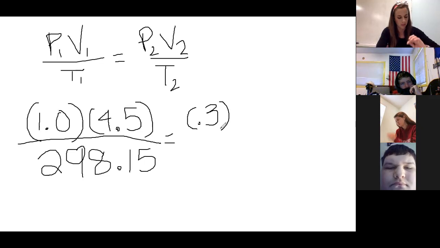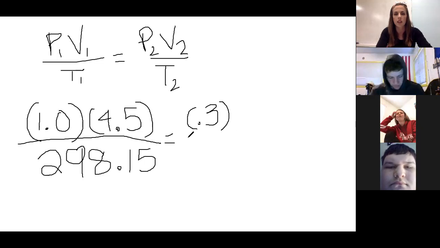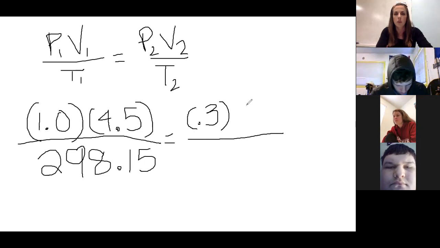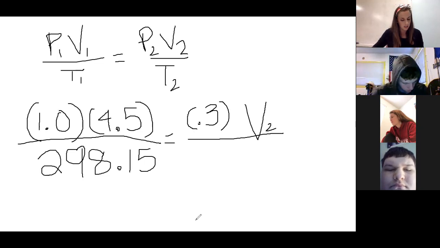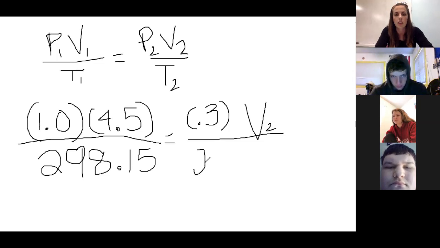Do you see that in the word problem? It says the pressure and temperature change to 0.3 atmospheres and 15 degrees Celsius. So we don't know volume 2. That's what it's asking me for, okay? So my temperature went to 15 degrees Celsius, which I add 273.15 to, right? Which gives me 288.15.